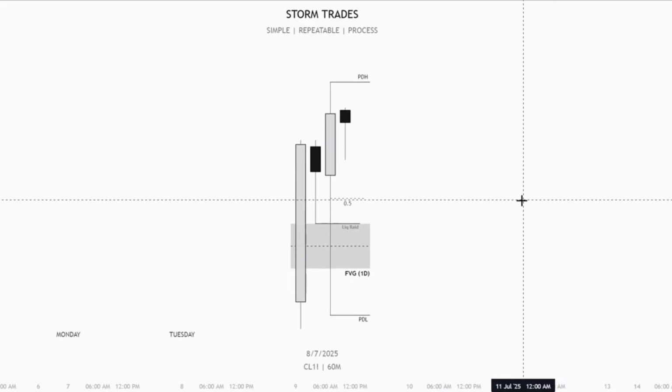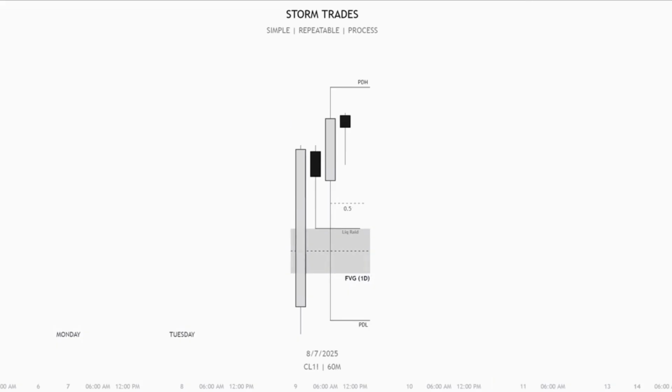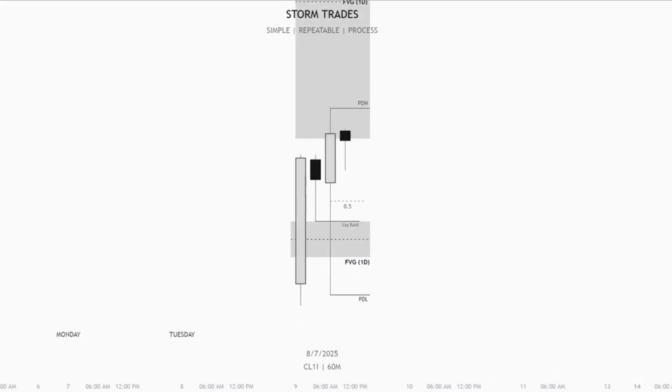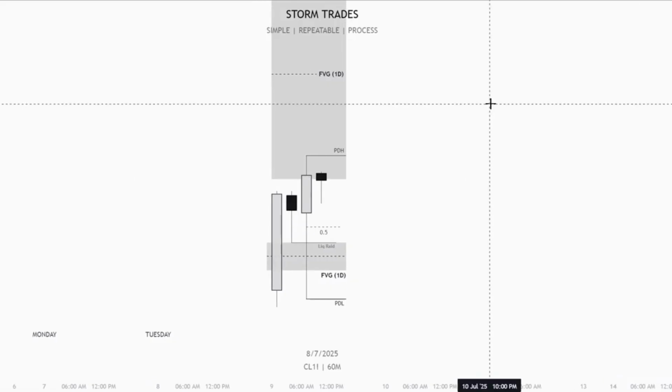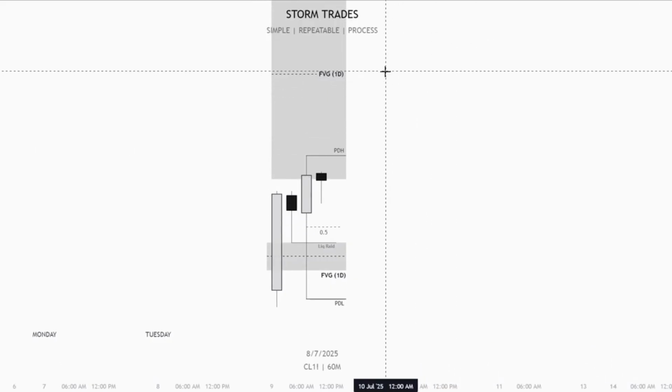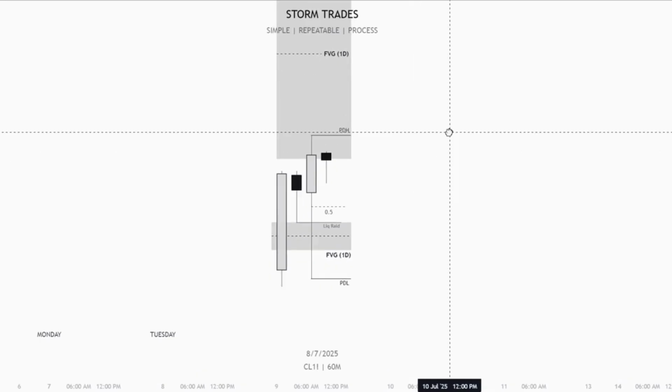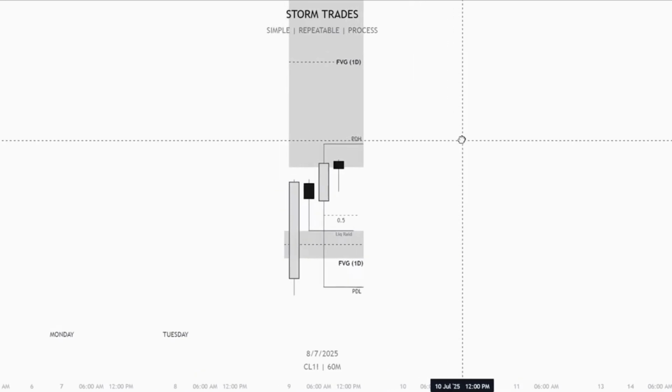Now, we don't have external range liquidity for a very, very long way up. However, we do have another very large fair value gap up here. And so I would be targeting, and I was targeting eventually us to reach the midpoint of this bearish daily fair value gap, right?